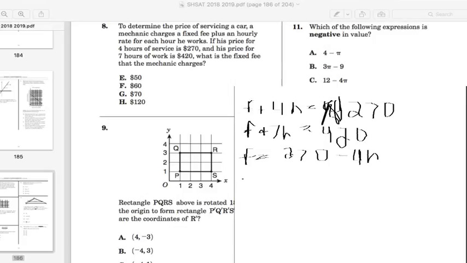And if you work on the second one, we get F equals 420 minus 7H.